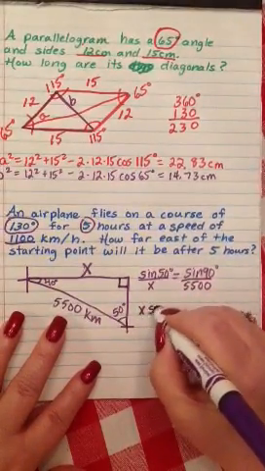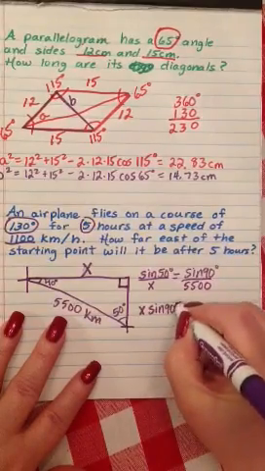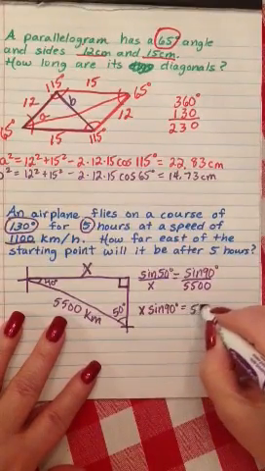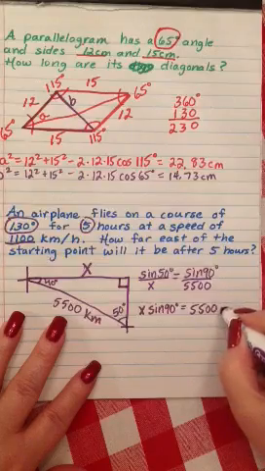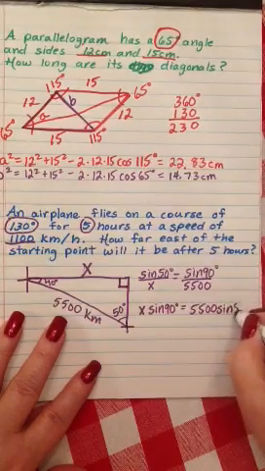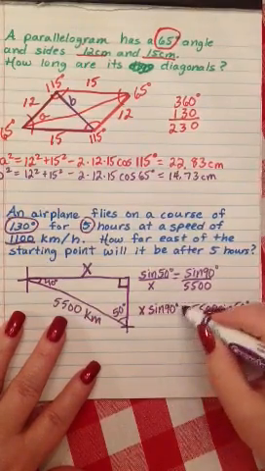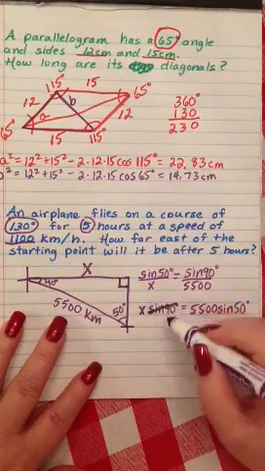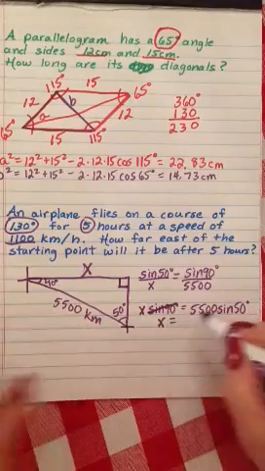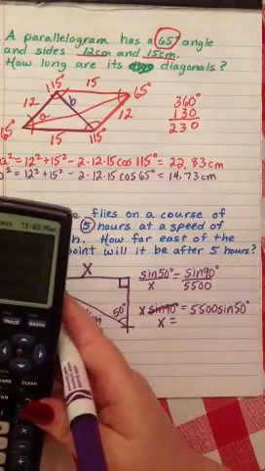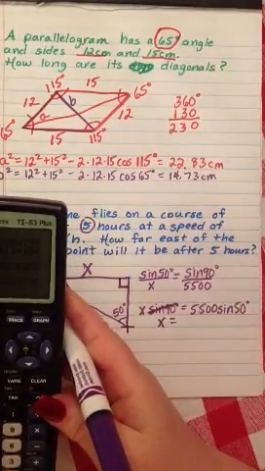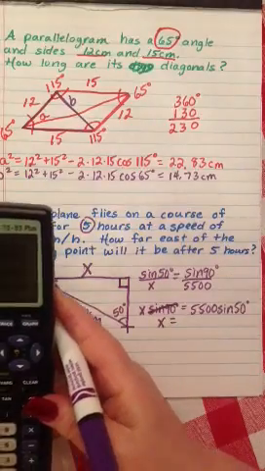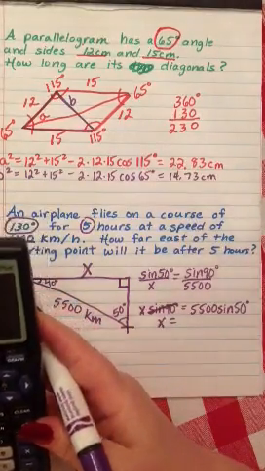So x times sine of 90 is equal to 5,500 times the sine of 50. If you check your calculator or just think about unit circles, sine of 90 is 1. So 1 times x is just x. So x is 5,500 times the sine of 50 degrees, and I hit enter.